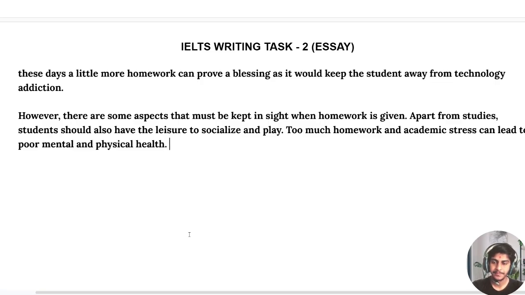Here is the continuation of our counter argument paragraph.